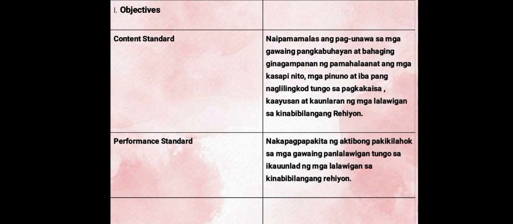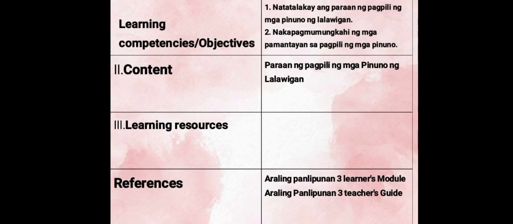Performance Standard: Nagpapakita ng aktibong pakikilahok sa mga gawaing panlalawigan tungo sa ikauunlad ng mga lalawigan sa kinabibilangang rehiyon. Learning competencies or objectives: 1. Natatalakay ang paraan ng pagpili ng mga pinuno ng lalawigan. 2. Nakamumungkahi ng mga pamantayan sa pagpili ng mga pinuno.